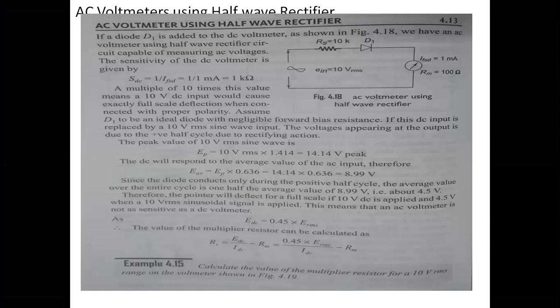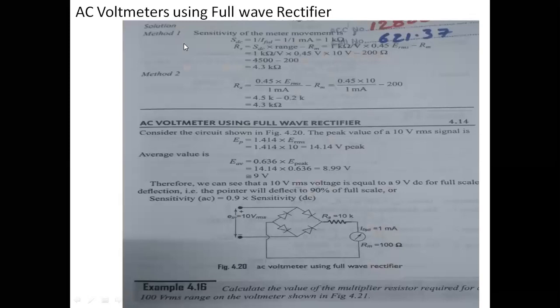And we have a problem: calculate the value of the multiplier resistor for a 10 volts RMS range, with VDC as shown in the figure.